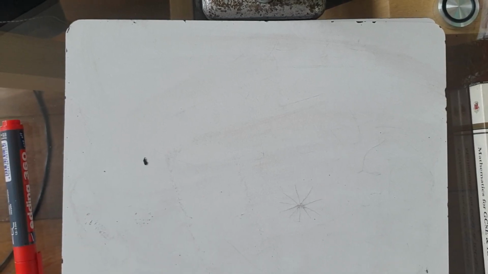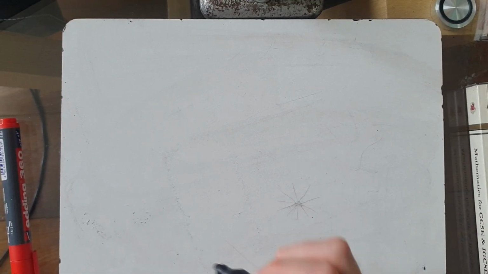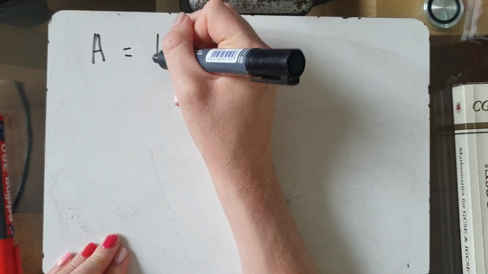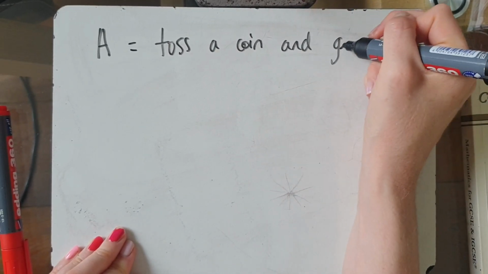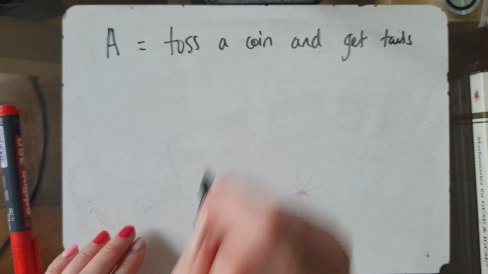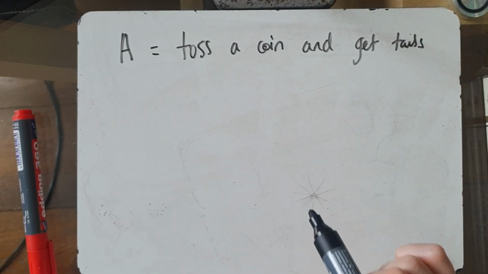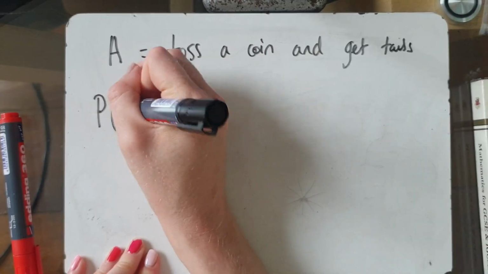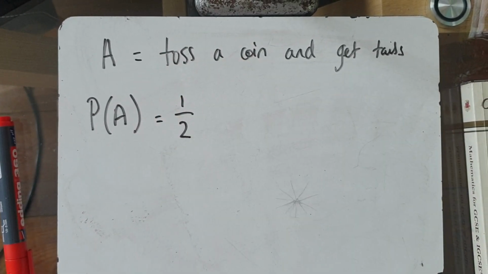When we talk about probability, we usually label events with a letter. So, for example, we could say that A is the event that we toss a coin and get tails. So that is the event that's happening when I flip a coin, and I hope in this case that I get tails. The probability of that happening, we would then say, is the probability of A, like this, and that would equal a half.